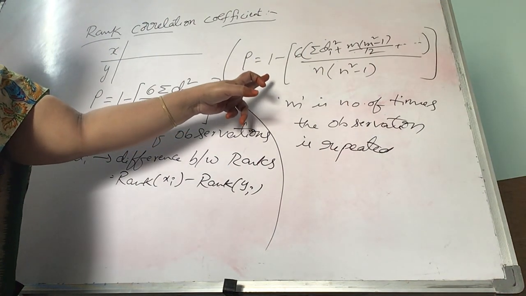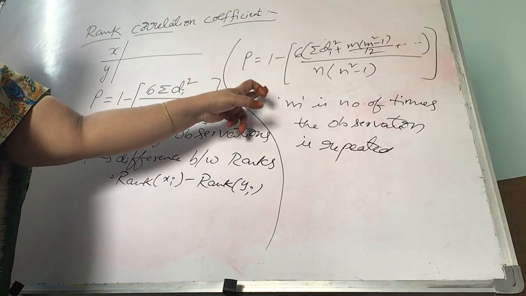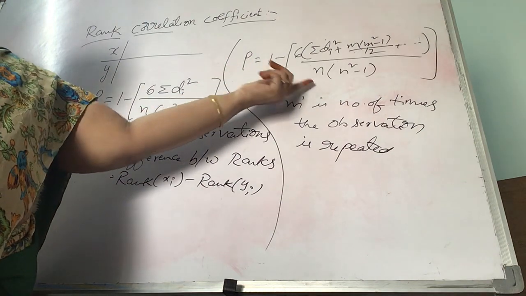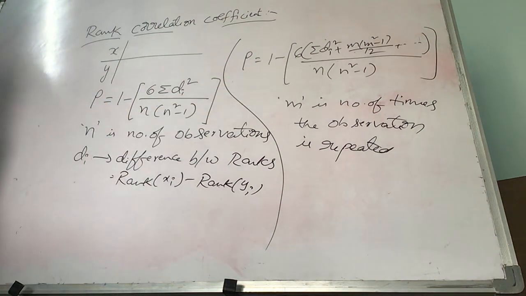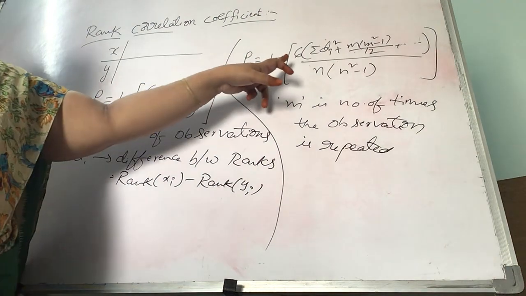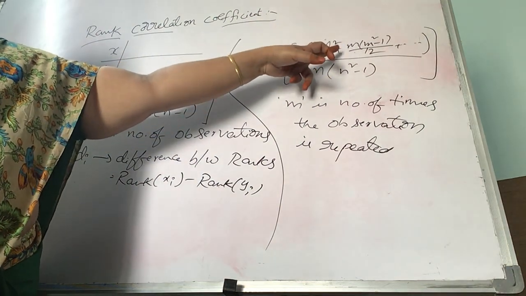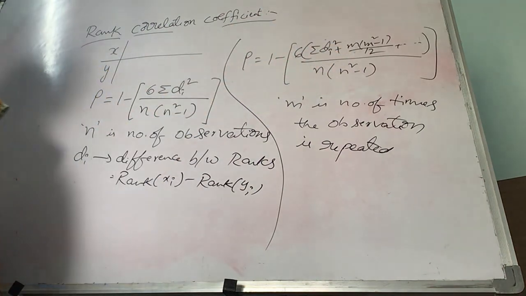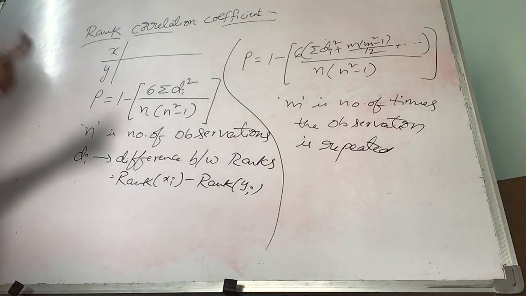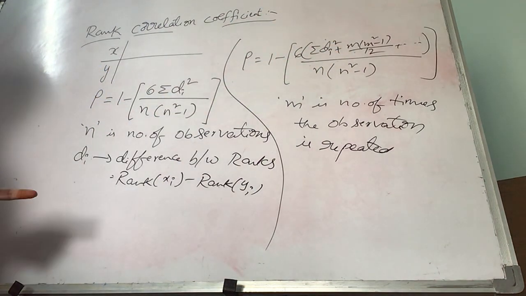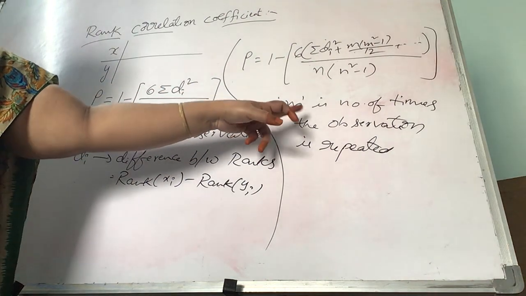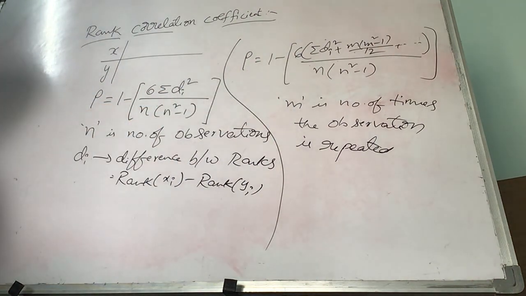That means in case of repeated ranks, we calculate the rank correlation coefficient rho is equal to 1 minus 6 into summation of di square plus the factor m into m square minus 1 by 12 for each of the repeated observations. Here m is the number of times the observation is repeated.